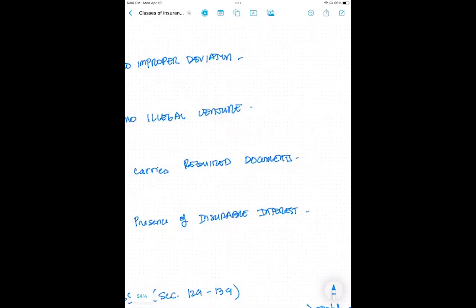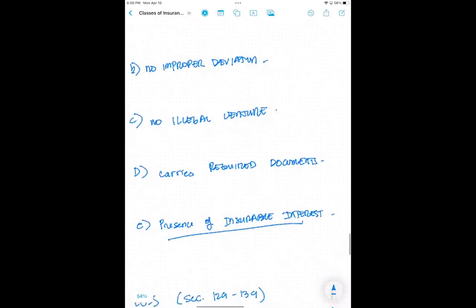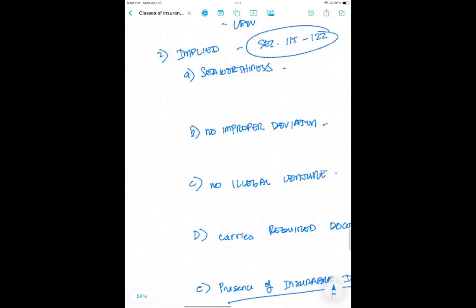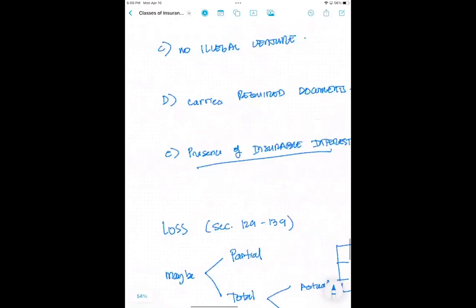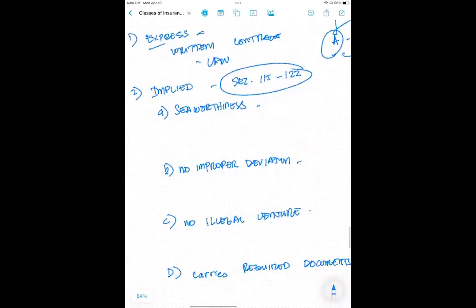And fifth, the presence of insurable interest, which is always there anyway. So these are the implied warranties. Let us discuss them one by one. So, when is a ship seaworthy? It is seaworthy when, number one, it is reasonably fit.